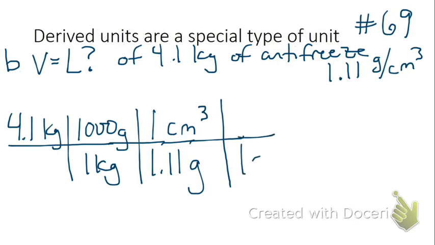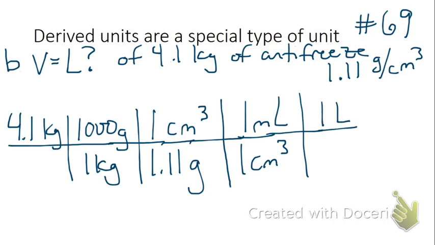And we know that 1 centimeter cubed is 1 mL. But we wanted to solve for volume in liters, so we know for 1 liter we have 1,000 mL. Now you might be asking, Dr. Bishop, why did you put the grams on the bottom and the centimeters cubed on top?